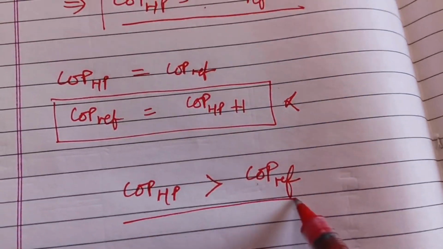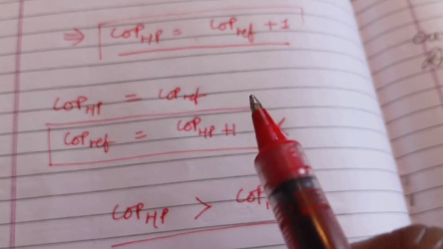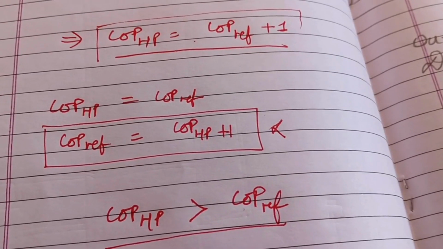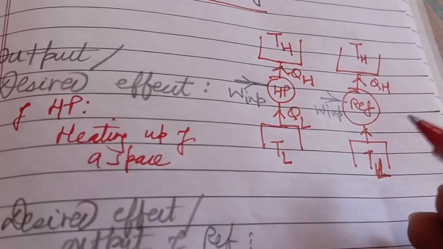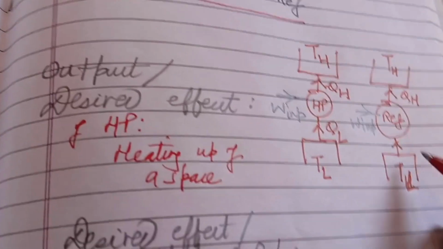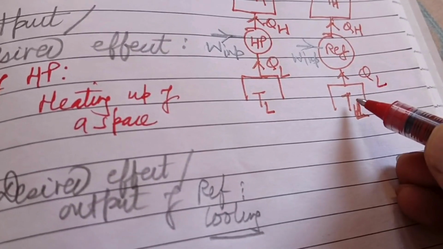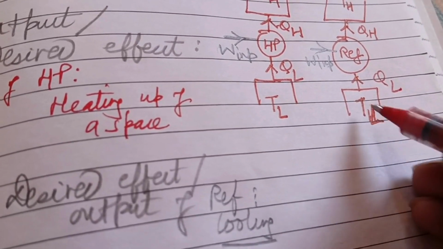So two cases, like in the exam you can find the two options if you see questions related to heat pump and refrigerator COP. And why is this happening? Because in order to achieve cooling, in case of refrigerator, you are just absorbing heat, right? You are extracting heat from this cold space maintained at lower temperature.